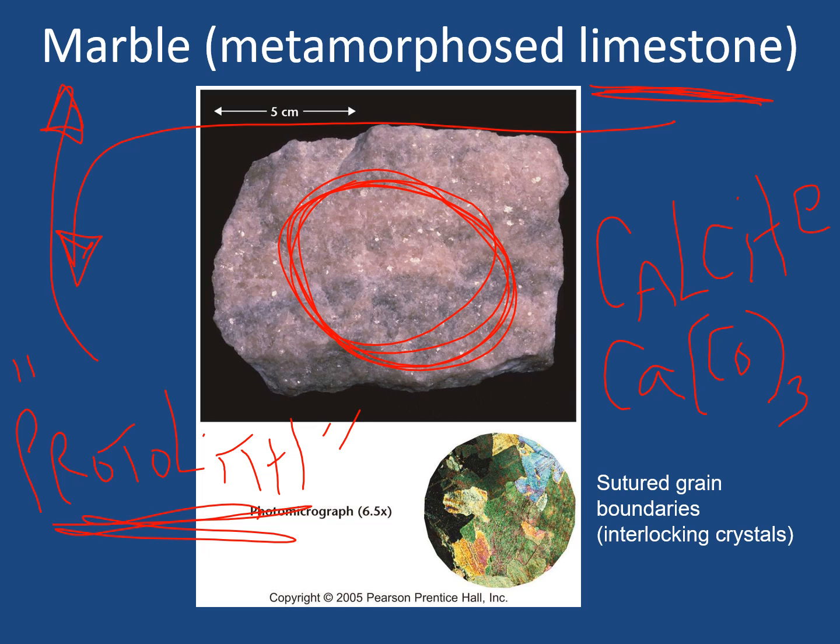Instead, what tends to happen is the existing calcite crystals in the limestone tend to grow larger, and they develop these sort of interlocking grains that are sometimes referred to as having sutured grain boundaries. So in this example, the mineralogy of the rock is not changing during metamorphism, but the texture of the rock is changing. Typically, existing crystals in the rock, calcite in this case, grow larger during the metamorphic process.